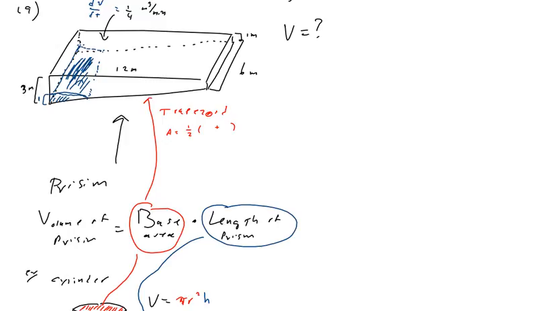It's almost like a triangle, but it had some other things happening. Area of a trapezoid. Anybody remember? Type it in the chat if you got it. 1/2 of something plus something times something.